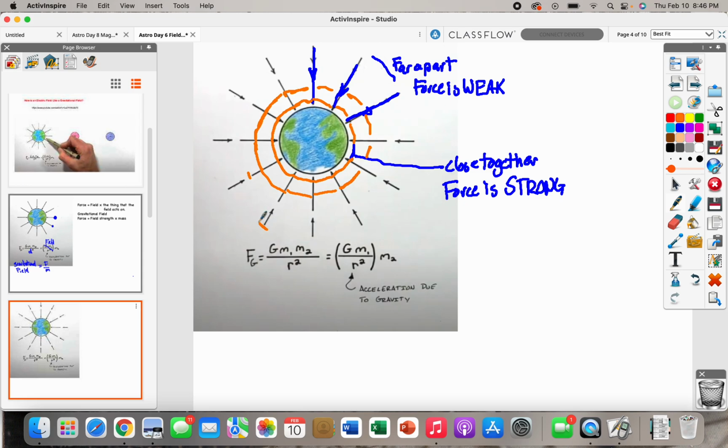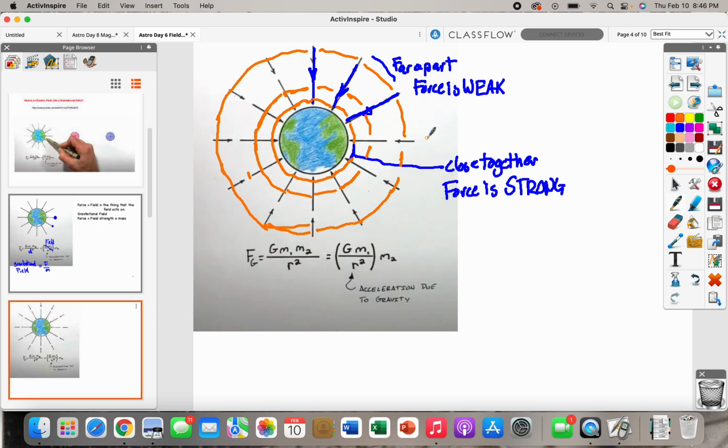And then I could have a new potential energy line representing another change in potential energy going way up here. And if I did that, you can see that as the potential energy lines are farther apart, the force is getting weaker, okay? Because it takes a larger distance for the potential energy to change with a smaller force than it does with a bigger force.